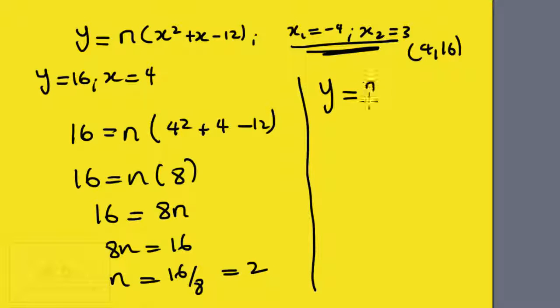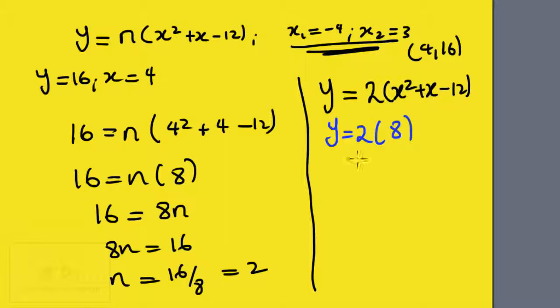This is the equation that we've determined, because n is 2. So y equals 2 times (x squared plus x minus 12). That's the equation. Now, when x is 4, what's y? Let's see. When x is 4, y is 2 times (4 squared plus 4 minus 12), which is 8. y is 16, as required.